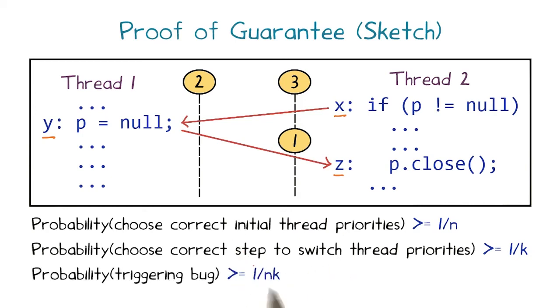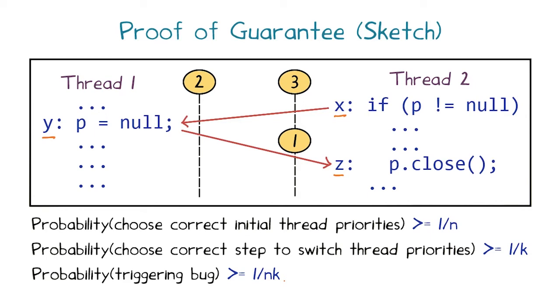Because these random choices were made independently of one another, the overall probability of triggering a bug is therefore 1/n times 1/k, which is 1/(n·k). Intuitively, for a bug of depth d, thread priorities are changed d-1 times. That is, Cuzz needs to pick d-1 statements in the program.